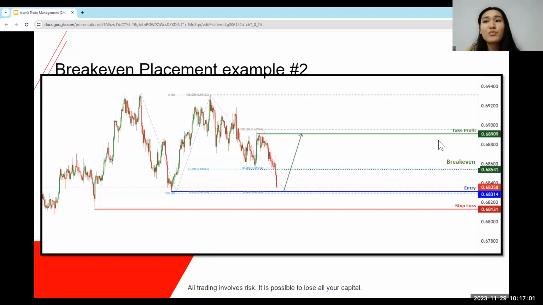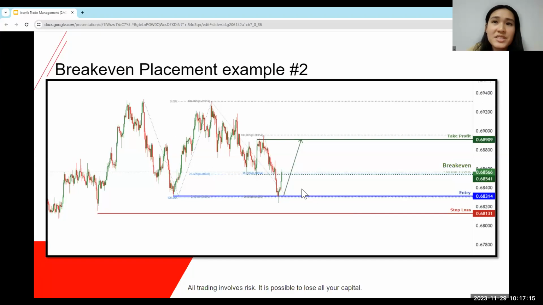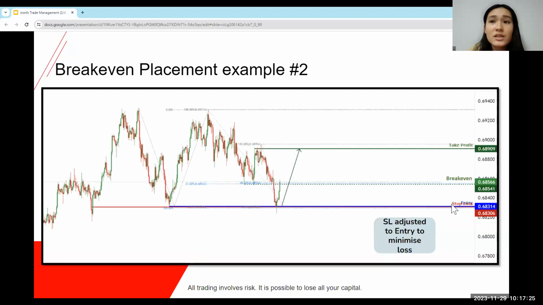That makes it a pretty strong confluence area. So we've made this area our partial profit area or break-even area, and we are expecting price to bounce off of our entry and head towards our break-even. You can see once price reached our break-even level, we were able to get out of the trade but also get a little bit of our profits.